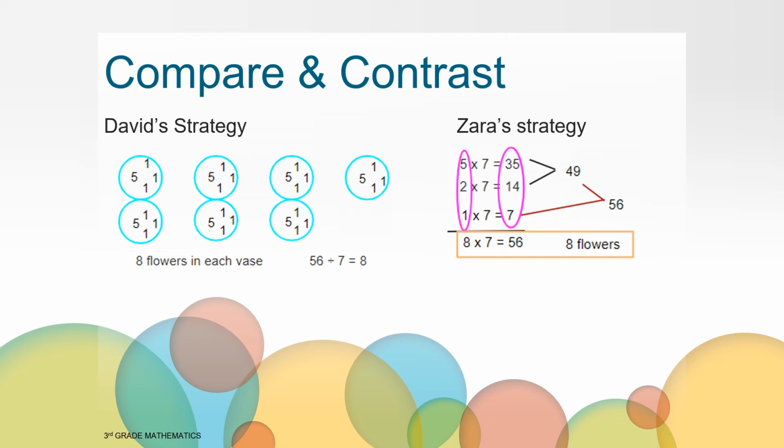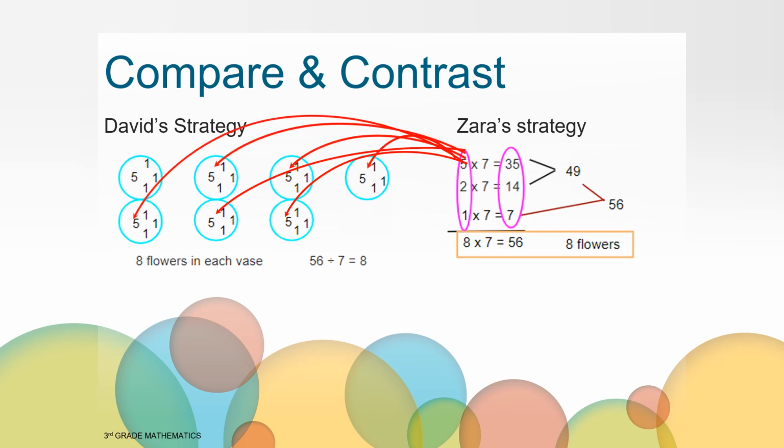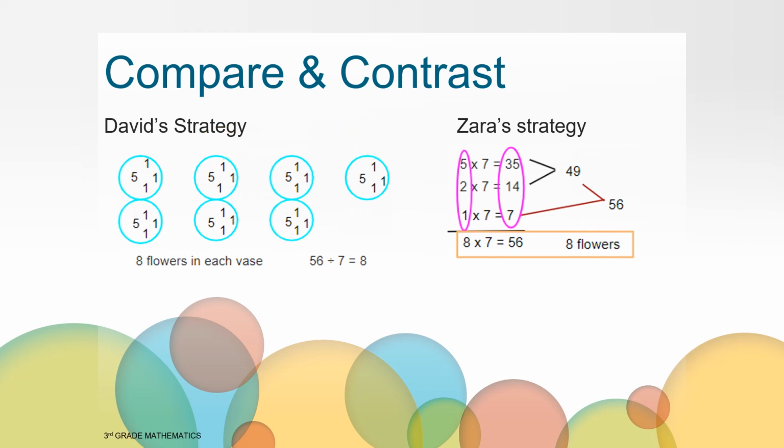You can see Zara's 5 times 7 in David's 7 groups of 5. Where is Zara's 2 times 7 in David's strategy? Yeah, it would be 2 of the ones in each circle.